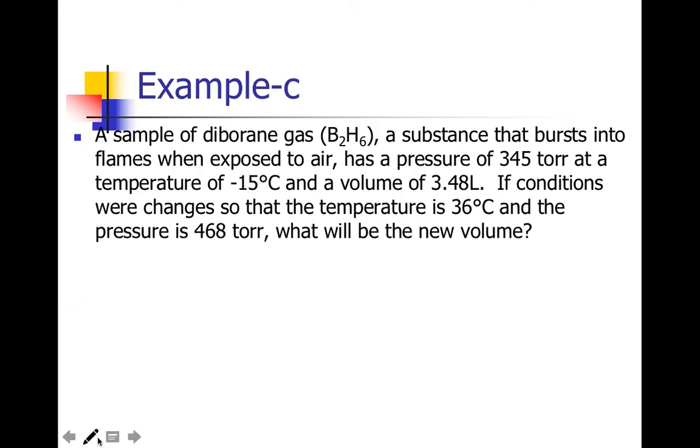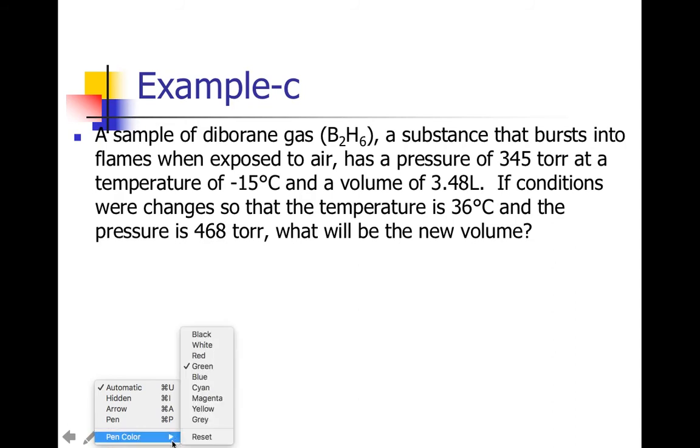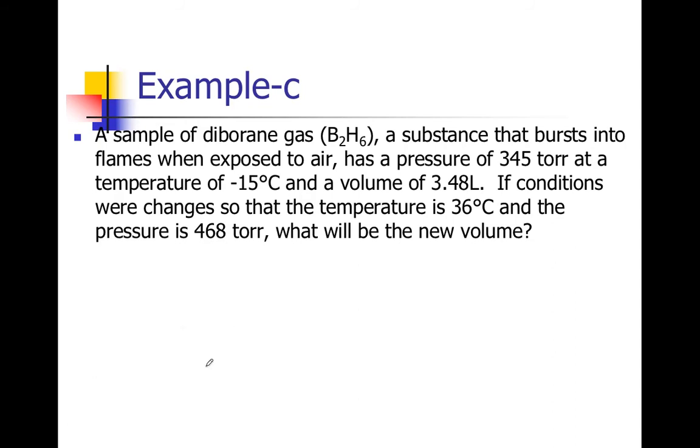This example says a sample of diboron gas, B2H6, is a substance that bursts into flames when exposed to air. It has a pressure of 345 torr at a temperature of negative 15 degrees Celsius and a volume of 3.48 liters.